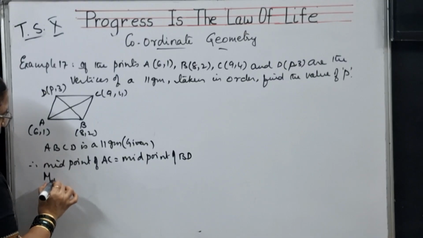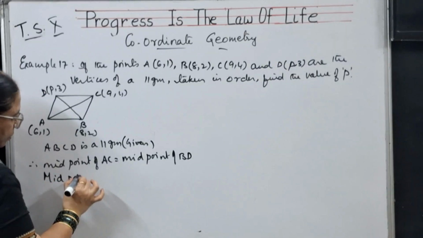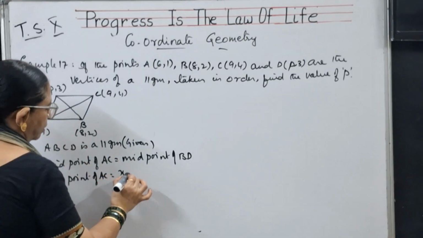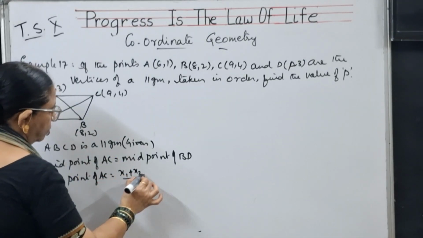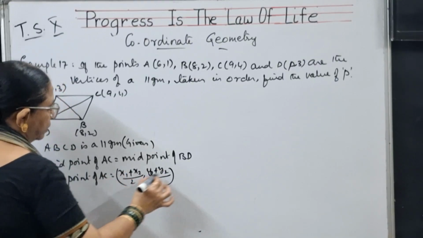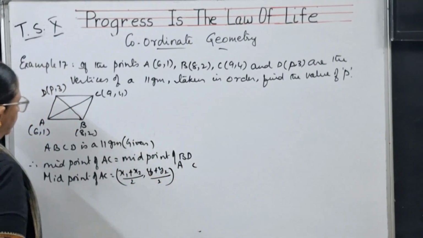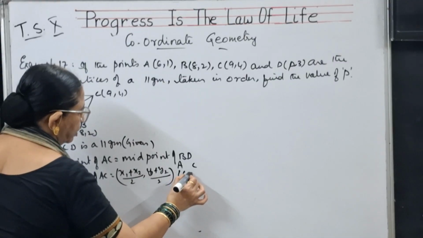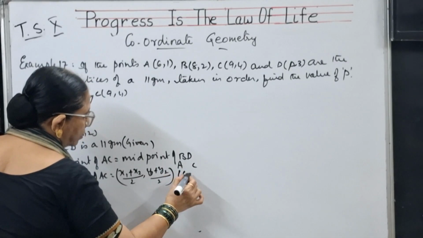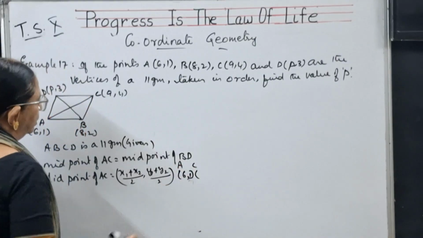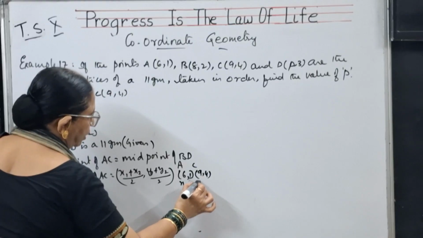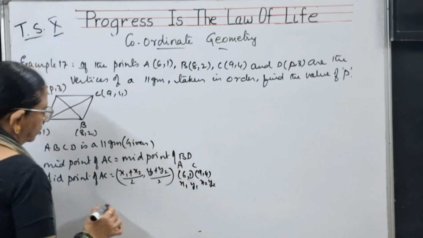So let us see one by one. What is the midpoint of AC? (x1 plus x2)/2, comma, (y1 plus y2)/2. So A and C: A coordinates are (6, 1) and C coordinates are (9, 4); x1, y1, x2, y2.